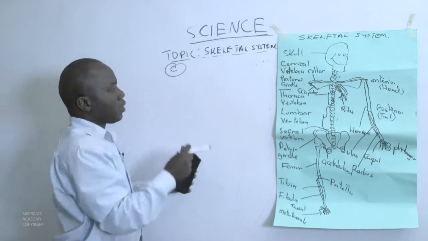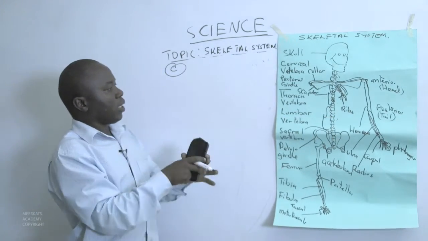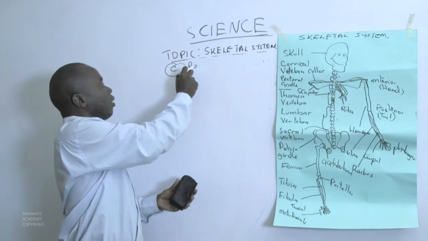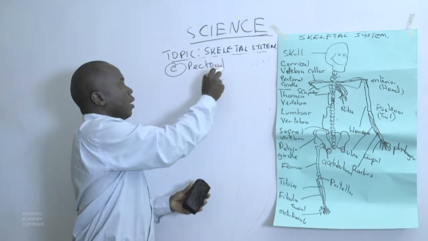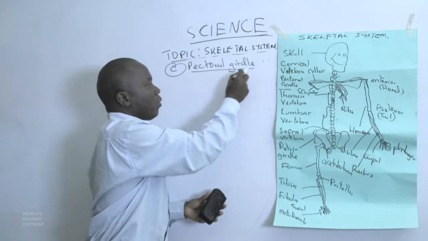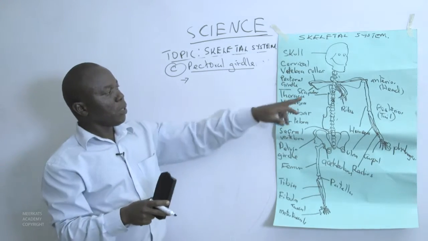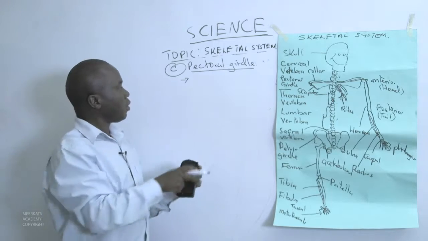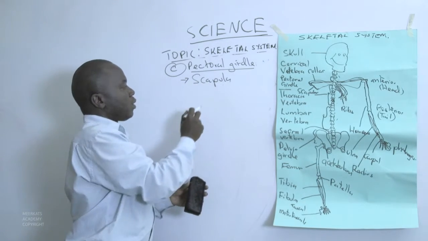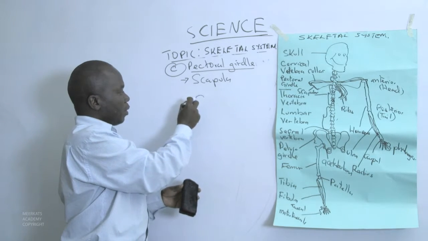The other parts, we have girdle here and a girdle there. So the girdle that is found at the anterior side is called the pectoral girdle. Pectoral girdle is made up of 2 main bones. We have the scapula. Scapula is almost triangular in shape.